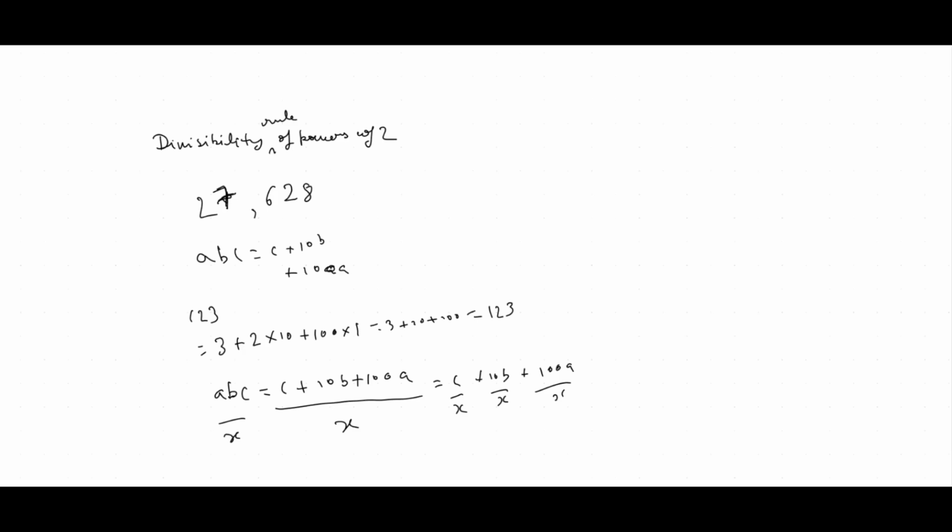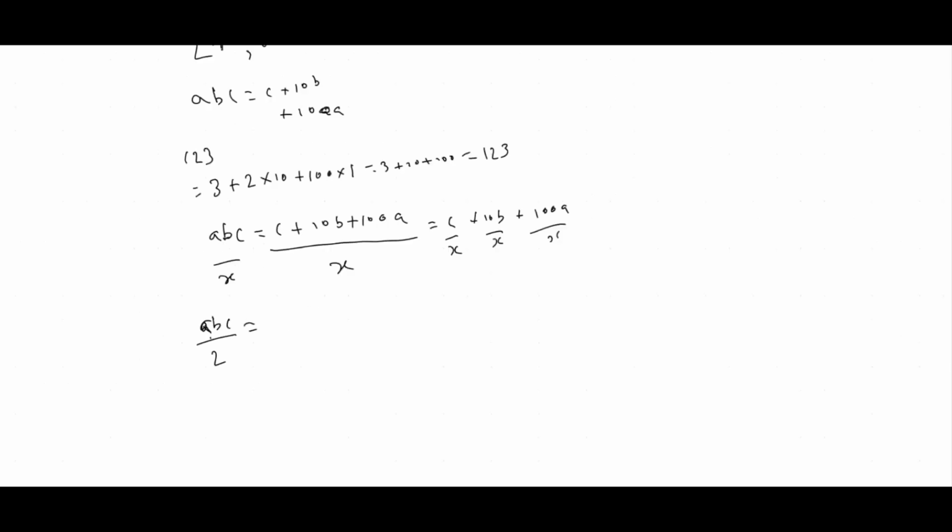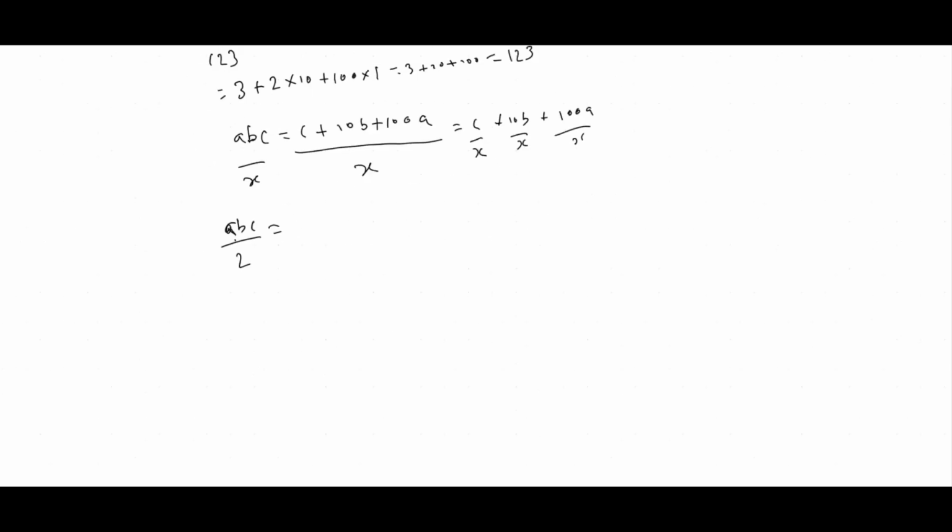Now I'm asking you one question. If I put 2 instead of X, you can write it like C by 2 plus 10B by 2 plus 100A by 2.